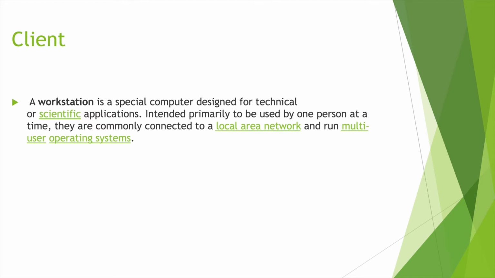They are connected to a local area network. Multiple clients have different operating systems. Maybe they have Windows, some might have Linux, and some would have Mac OS. So depending on what kind of device you use, there are different types of clients.